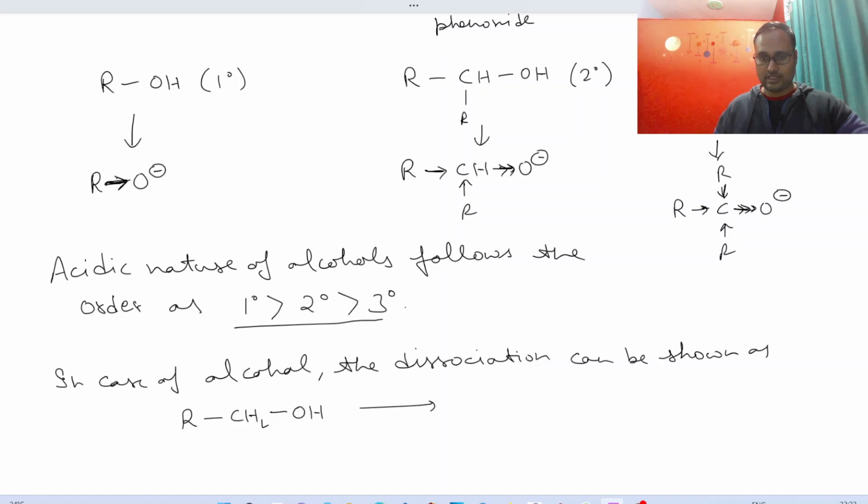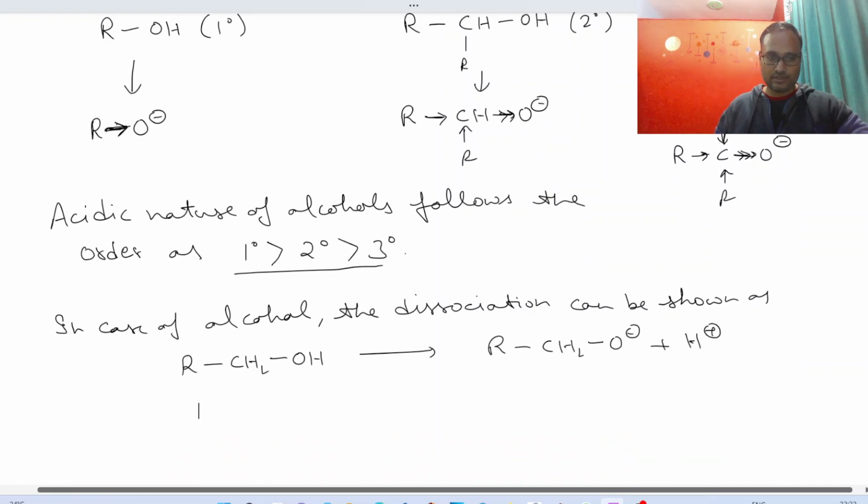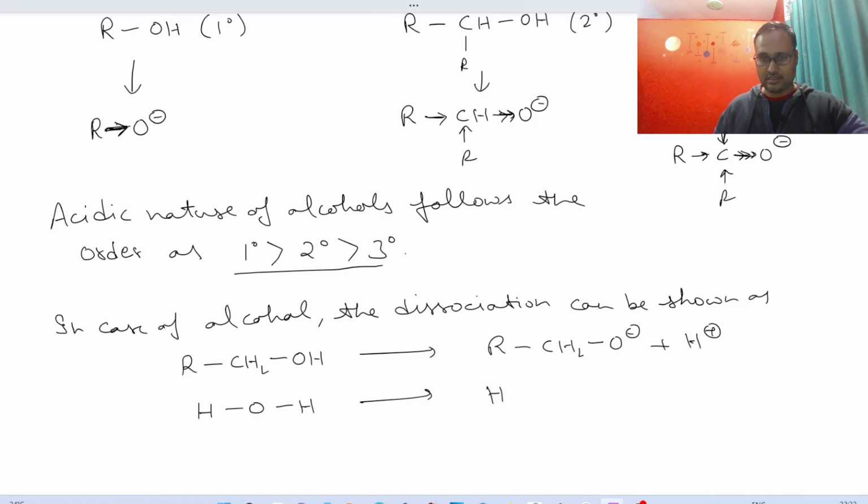It dissociates as RCH2O negative plus H positive. And in case of water, we can write HOH and it dissociates as OH negative plus H positive.